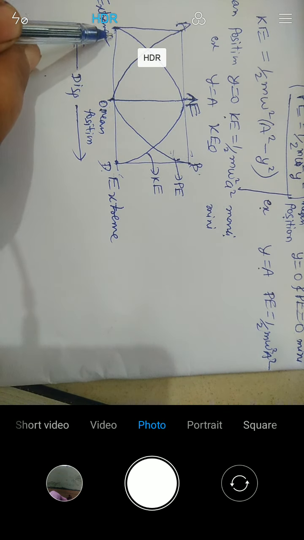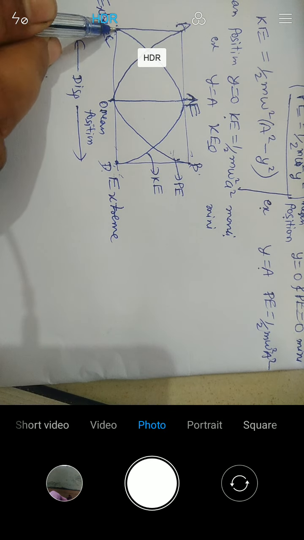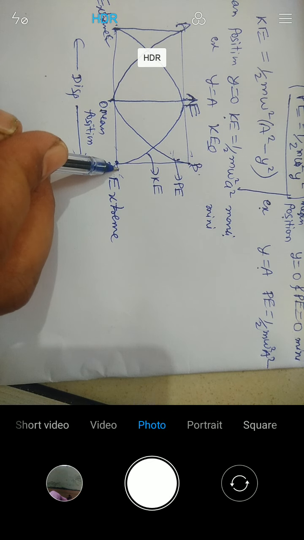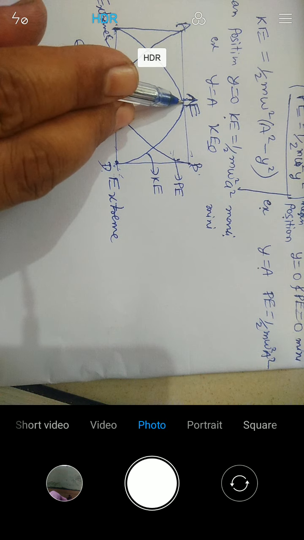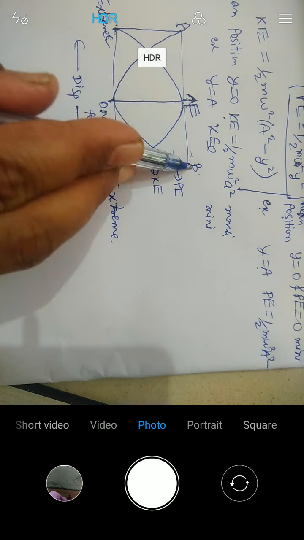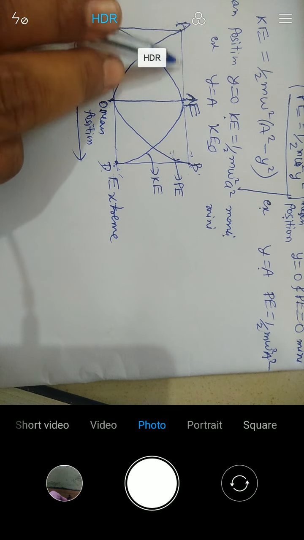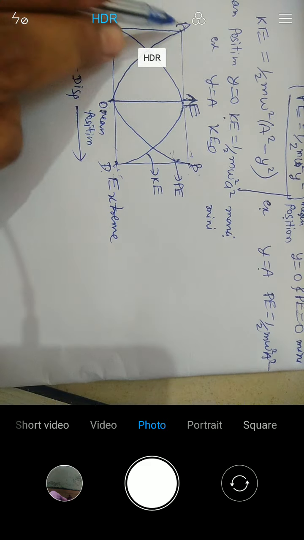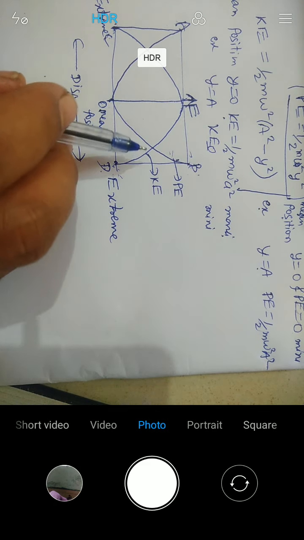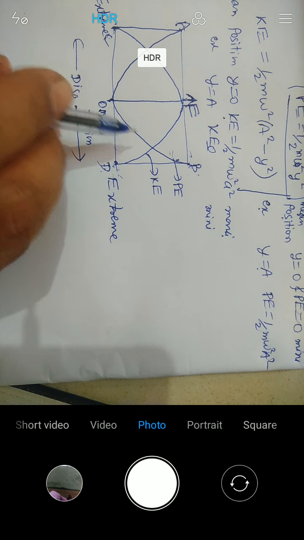For the kinetic energy curve CED, at the extreme positions C and D the kinetic energy is 0, and at the mean position kinetic energy is maximum. The line AEB represents the total energy, and it is constant at all points between A and B. So this graph is known as the displacement energy curve of a particle executing SHM.